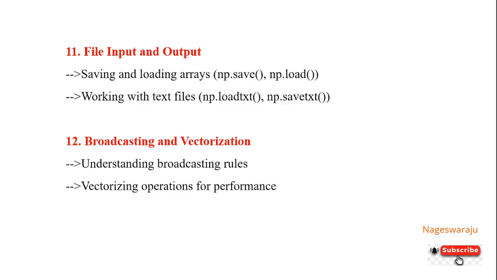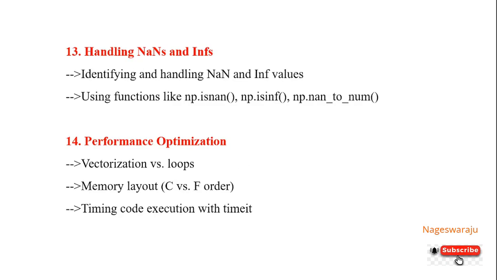Next, broadcasting and vectorization. These are the major concepts in NumPy. To understand these broadcasting rules, all the information we discussed before is required. After implementing that, we need to learn broadcasting and vectorization.